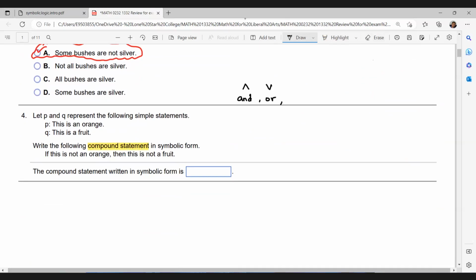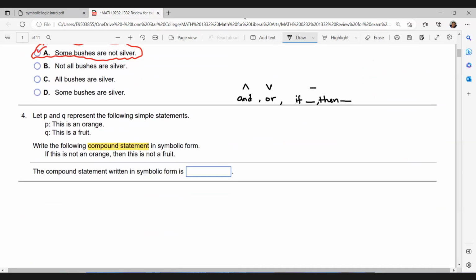And then we have if and then, so if something, then something else.